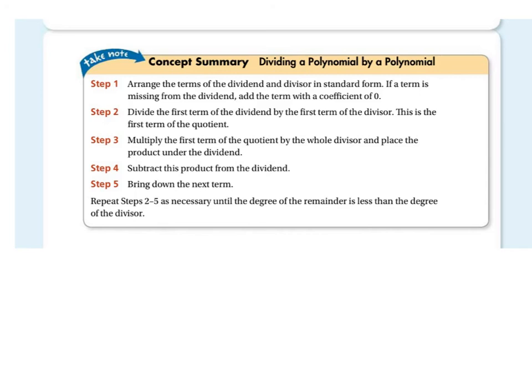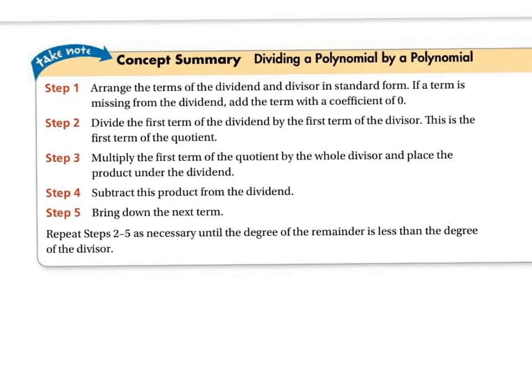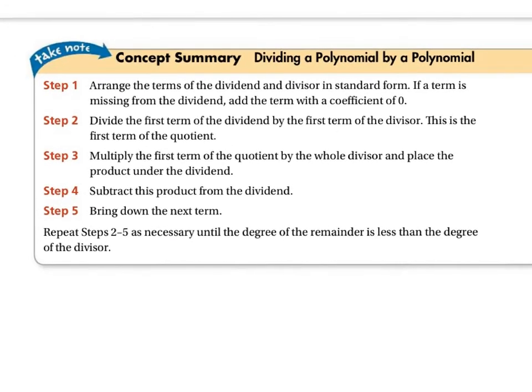So the concept summary in your book just is kind of a good recap for you of the different things you need to consider. So one thing is arranging the terms in standard form, and if there's something missing from the dividend, you just can put a 0, kind of a placeholder, in that spot so you're not skipping over any exponents.